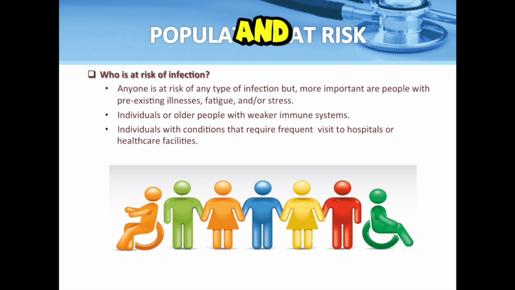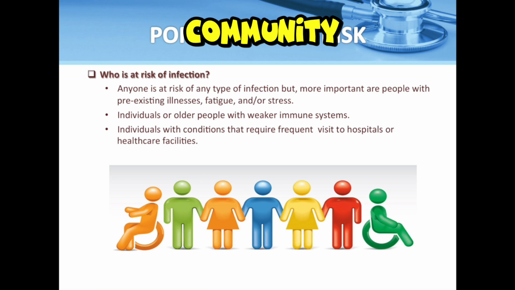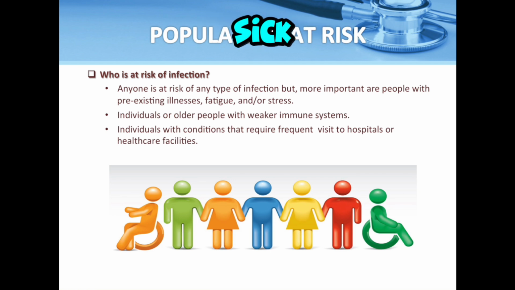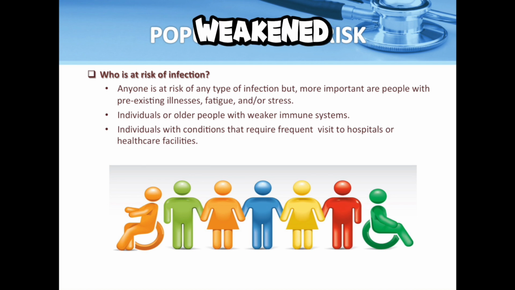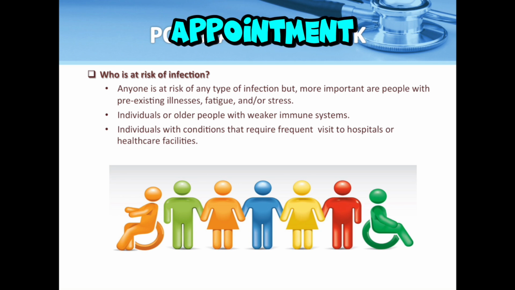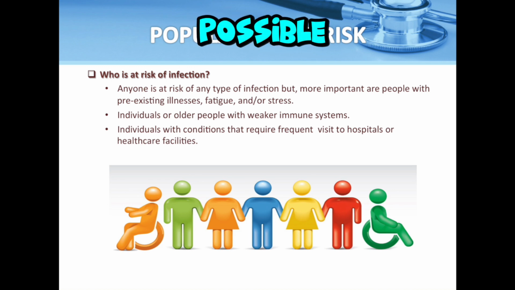Anyone, you and I, anybody in the community, the individual we support, anyone can be infected. But more importantly, people who are already sick or tired or have stress, older people, or people with a weakened immune system, as well as people who are often exposed to hospital or other healthcare facilities. When we go to appointments over and over and over, it's possible that people can get infected through that route as well.